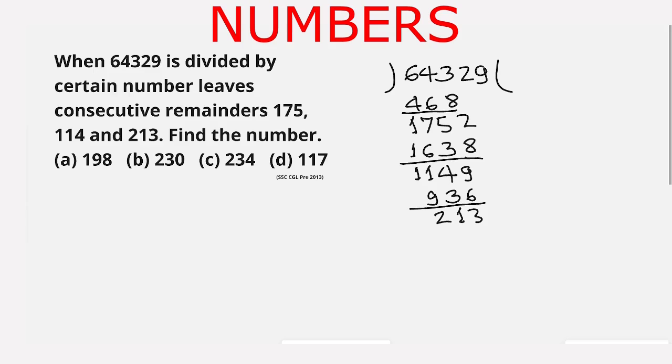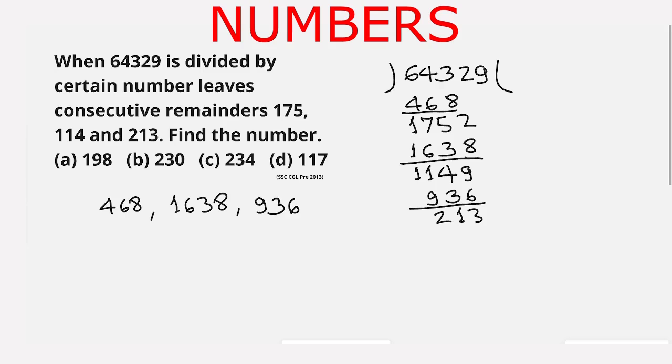Now we have to find the divisor. Our first product of quotient and divisor is 468. Our second product of divisor and quotient digit is 1638. Our third product of divisor and quotient digit is 936.